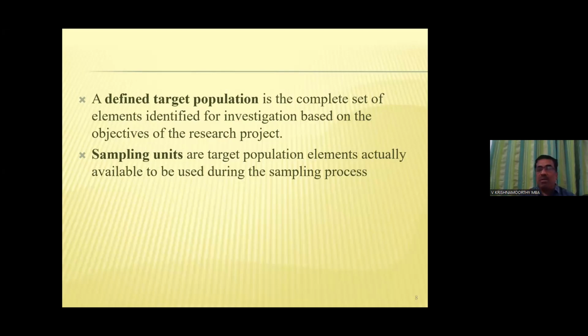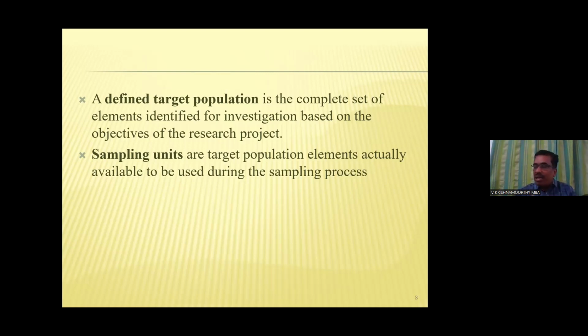Whenever we do research, we should identify the sampling unit properly. Why should we identify the sampling unit properly? If you have not identified it properly, we cannot use any statistical tool. For example, if you want to use an independent sample t-test, your data should have two aspects: one variable at nominal scale, another variable at 5-point scale.